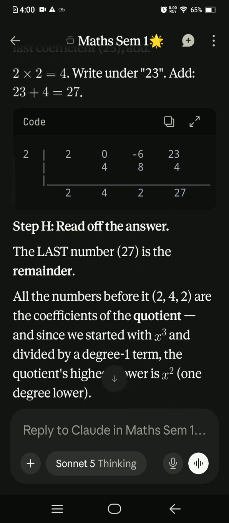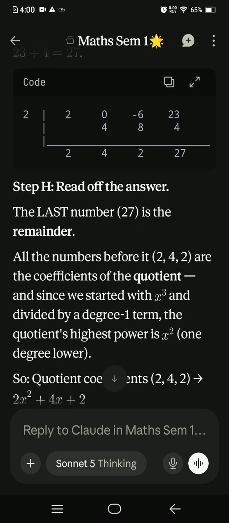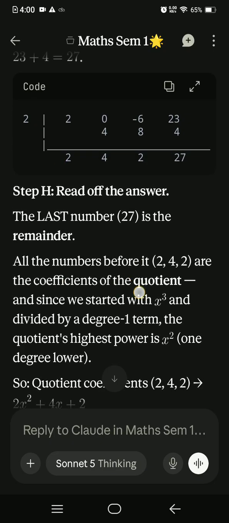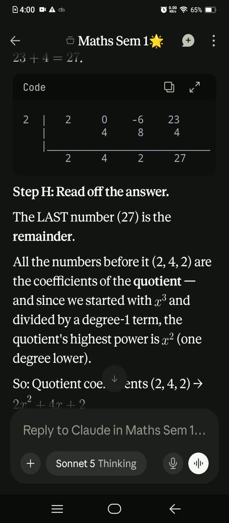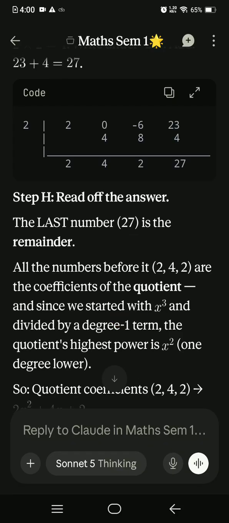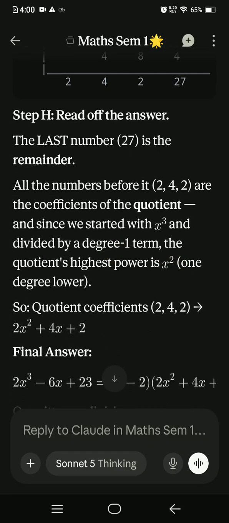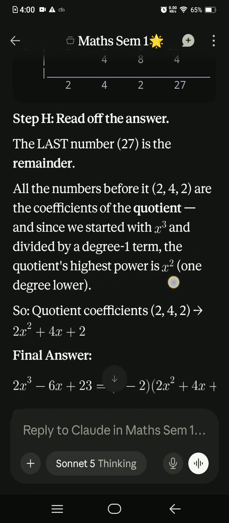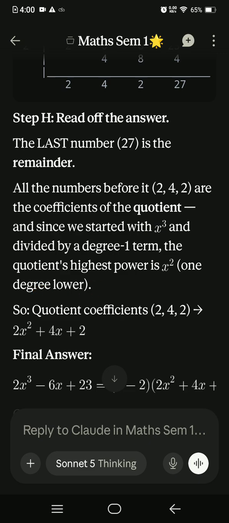Read off the answer. The last number, 27, is the remainder, and all the numbers before it, 2 4 2, are the coefficients of the quotient. Since we started with x cube divided by a degree 1 term, x minus a, the quotient's highest power is x square, 1 degree lower.